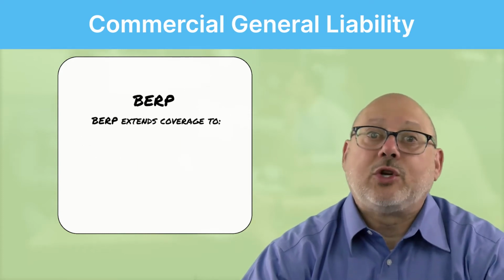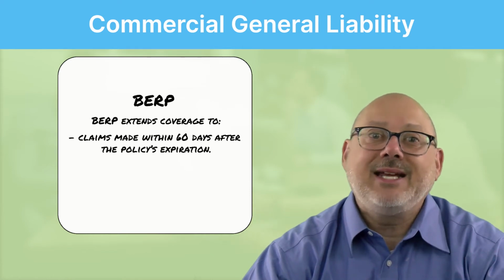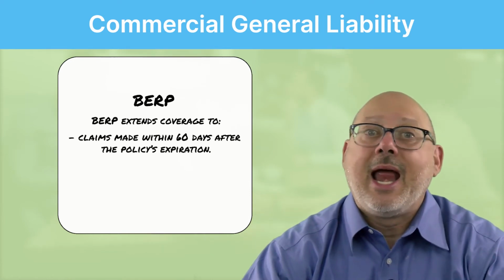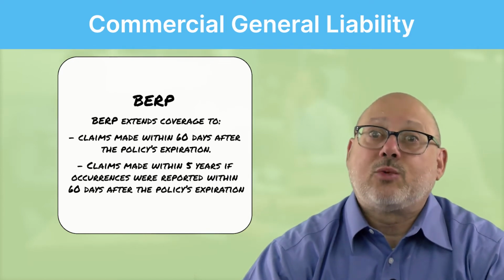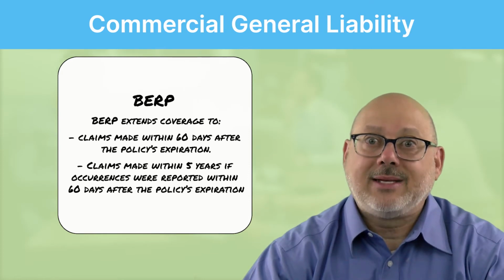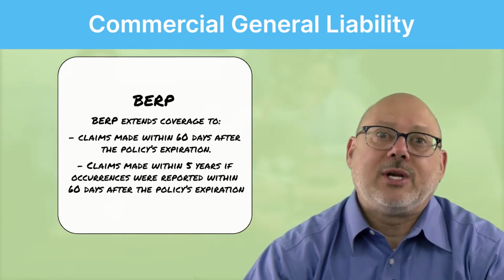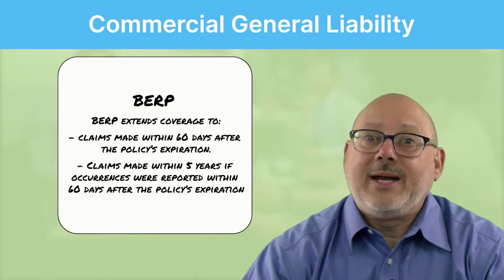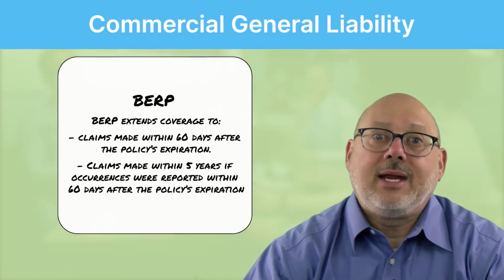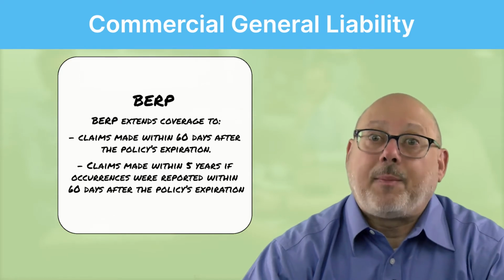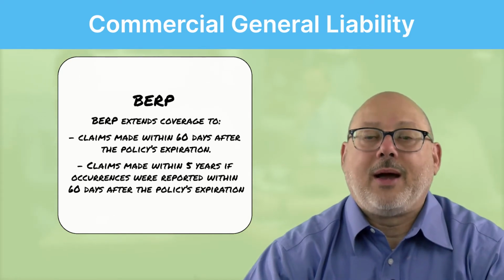BERP extends coverage to claims made within 60 days after the policy's expiration, and BERP extends coverage to claims made within 5 years if occurrences were reported within 60 days after the policy's expiration. Once the basic extended reporting period takes effect, the insured is guaranteed the option to purchase supplemental extended reporting period coverage.